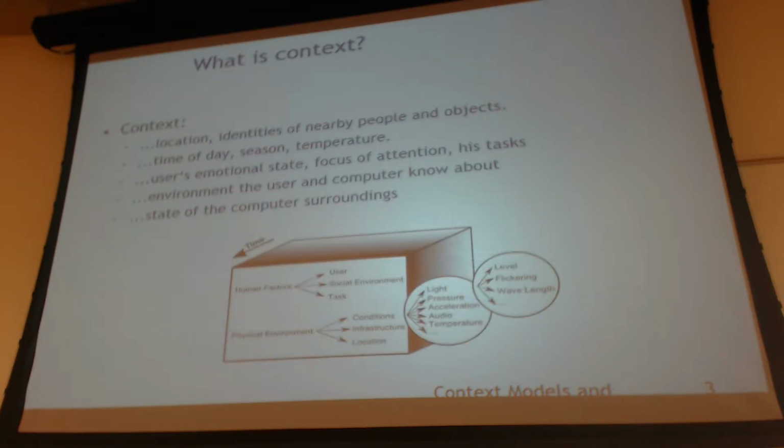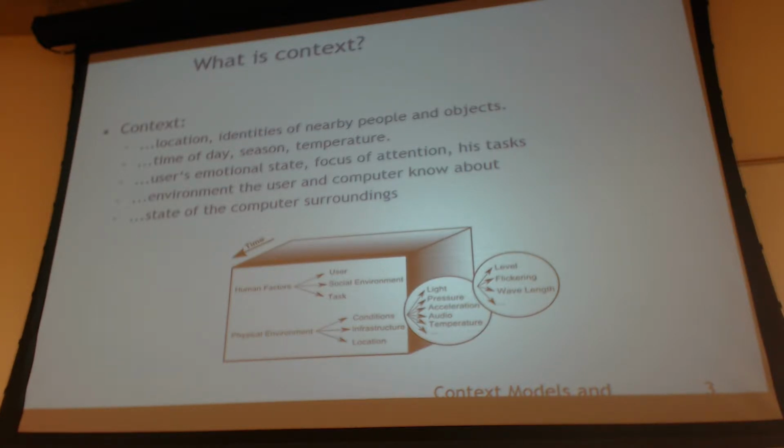So let's define it. Very early this problem was taken, maybe 15, 20 years back, the problem of context-aware applications, and people were trying to define context. One of the definitions, no, this is not a definition as of yet. This is an example. So what can be context?